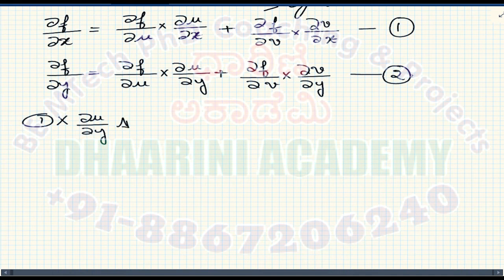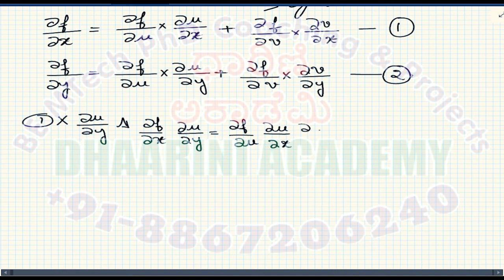This gives ∂f/∂x into ∂u/∂y is equal to ∂f/∂u into ∂u/∂x into ∂u/∂y plus ∂f/∂v into ∂v/∂x into ∂u/∂y. Okay, let me call this equation number 3.